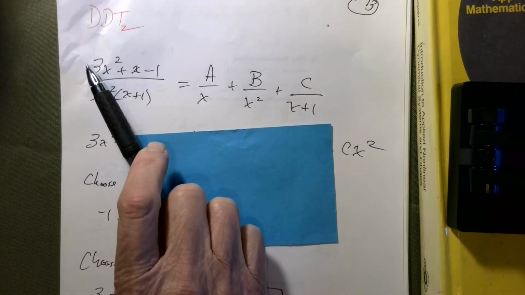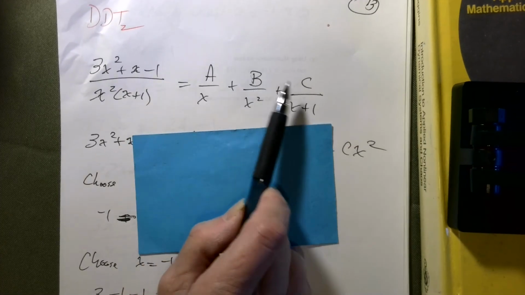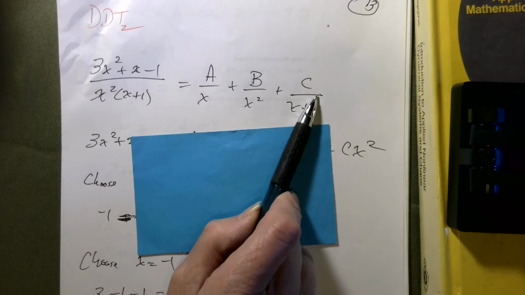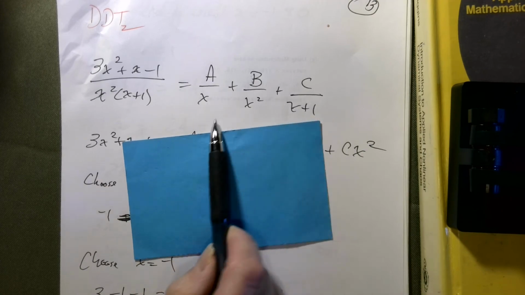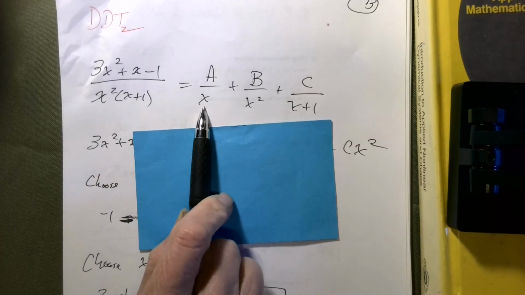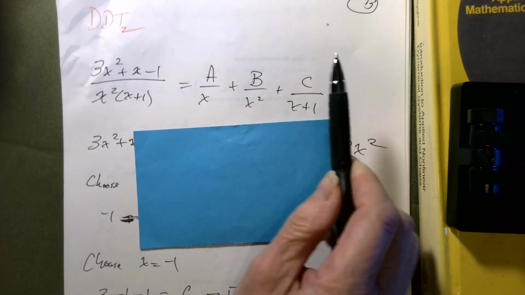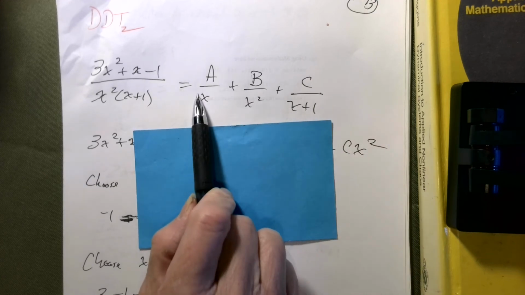So we're going to have a constant, and a constant. So we need 3 unknown coefficients. So what we do is the x squared, we have to add on another term, an x. So if this were x cubed, we'd have an x cubed, an x squared, and an x term.